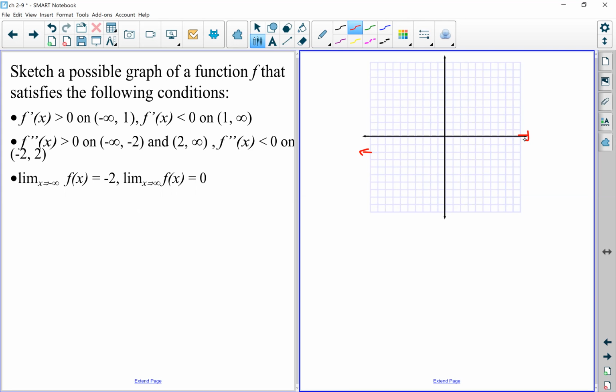Unless I'm given information about a vertical asymptote or a place where the function has a hole, I will assume that the graph is continuous. Okay.